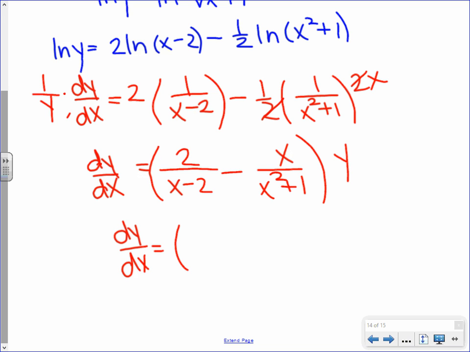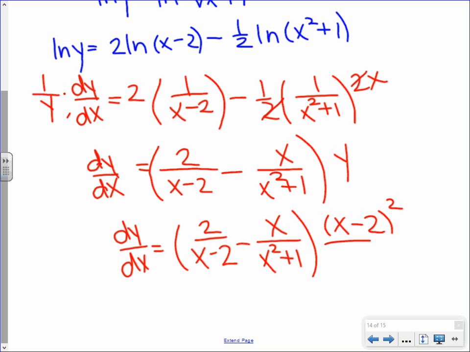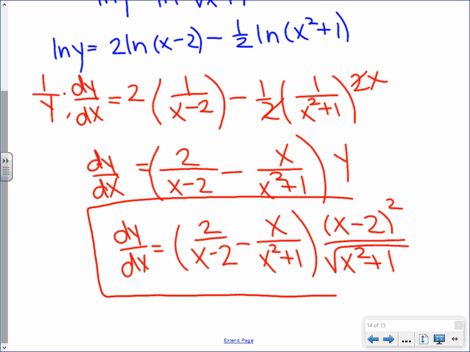Okay? So you have 2 over x minus 2 minus x over x squared plus 1. And then instead of y, you know what y is. y is x minus 2 squared over square root of x squared plus 1. And since I'm not making you simplify your answers, you can leave it like that.